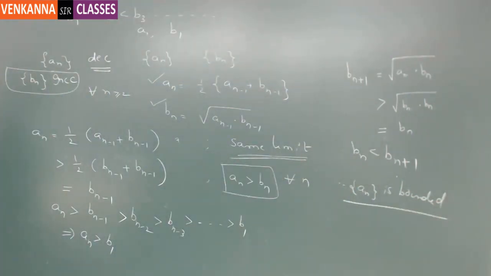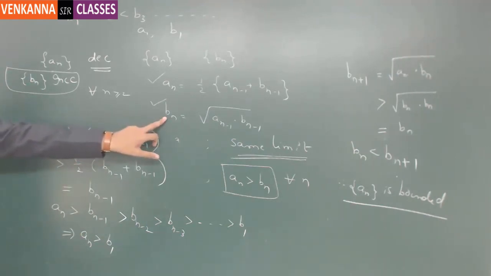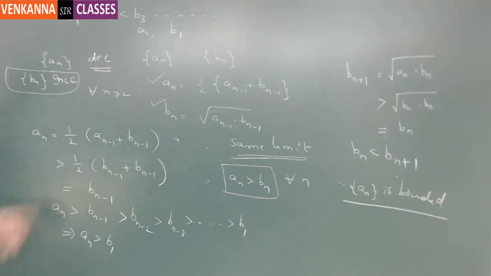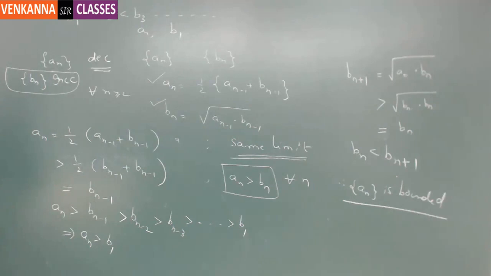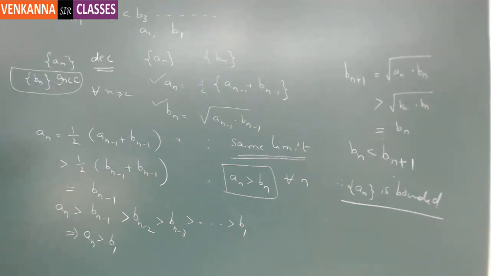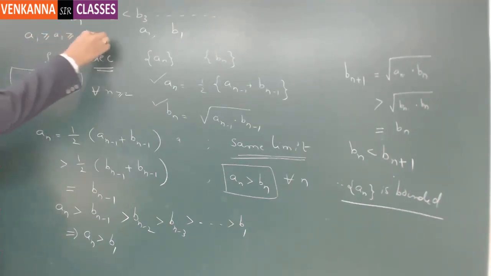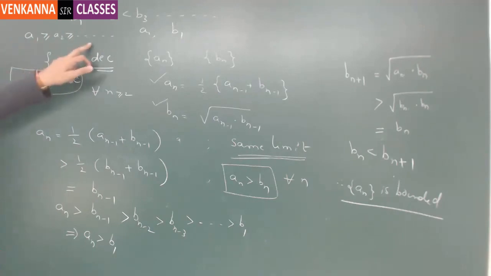Similarly, by using the same recursive technique, by taking this formula, we prove that bn is also bounded. So please take a note of this. Now I am going to use this recursive formula. Here an is decreasing. Earlier we have considered. Yes or no? Decreasing means, how do you write the terms? In this way we write.